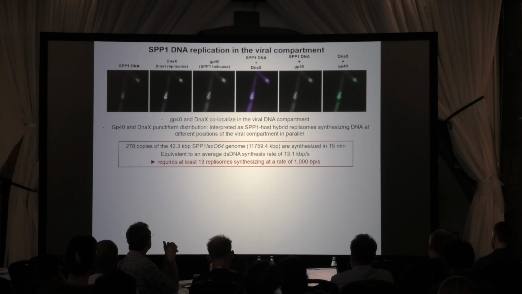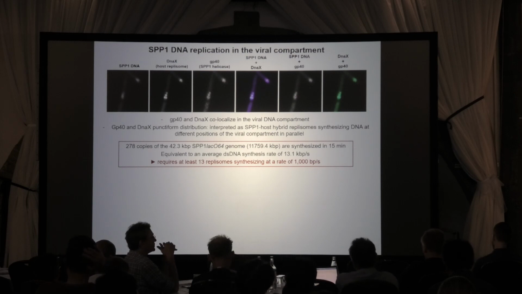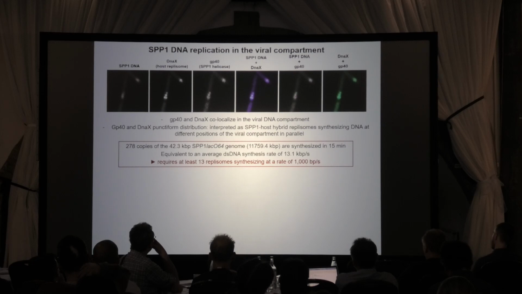Sorry, there is a bug here. This should be 13. I made a mistake. But when we look at the normal rate of DNA synthesis in E. coli, which is around 1,000 base pairs per second, this shows that there must be several replisomes acting in parallel to synthesize concatemers in the cell.